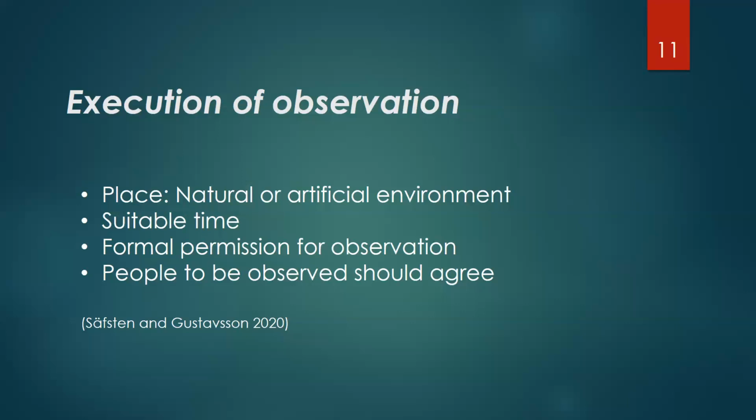Formal permission for observation: this is important, the head of the organization should know about it and give you permission so that you can enter the building. And the people to be observed should agree. This is what you should consider when you execute an observation.